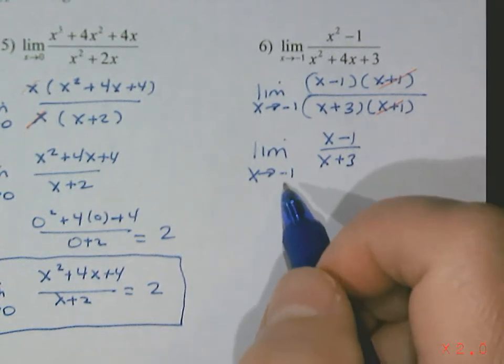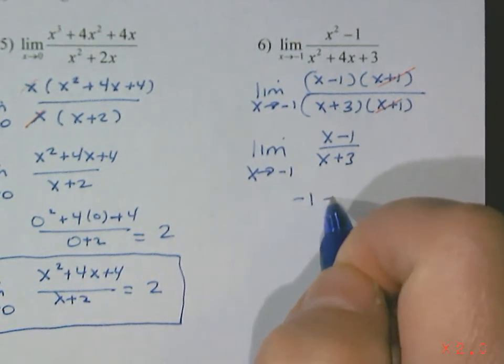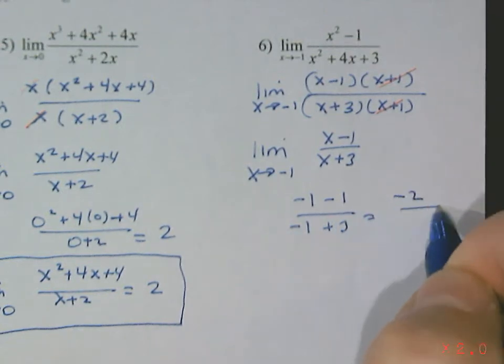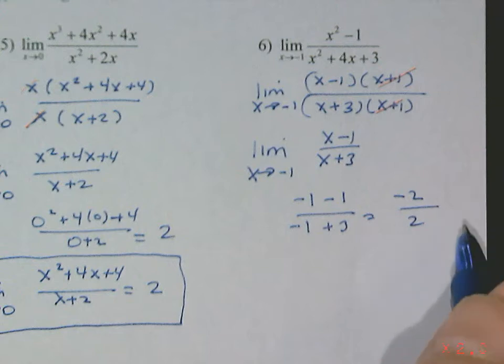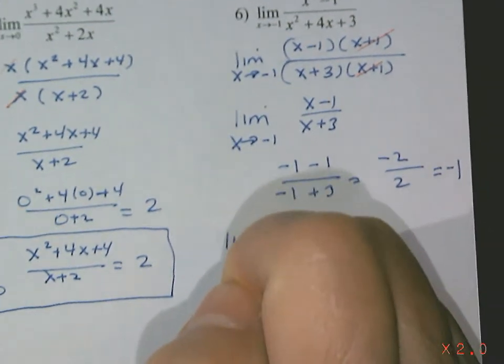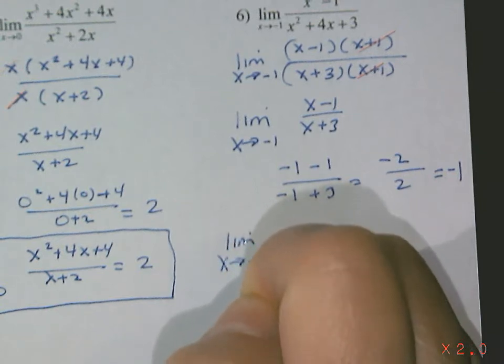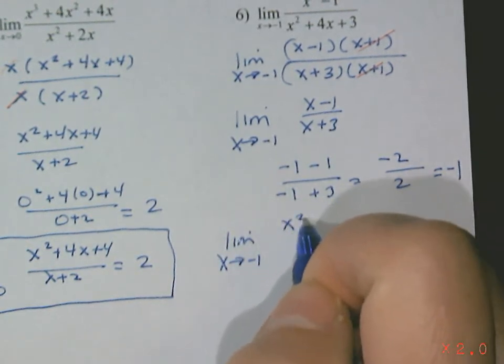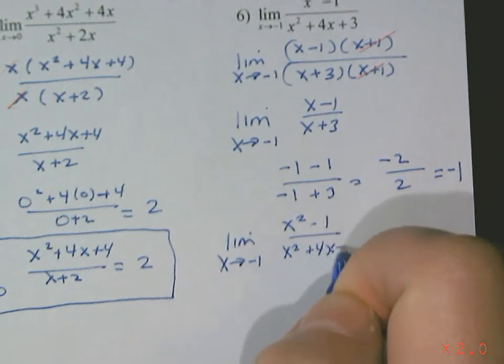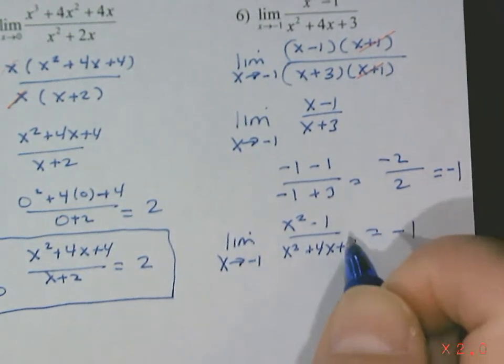Now when I do direct substitution, I'm going to put a negative 1 in for x. This will be a negative 2 in the numerator and a 2 in the denominator, which is equal to negative 1. So the limit as x approaches negative 1 of x squared minus 1 over x squared plus 4x plus 3 is equal to negative 1.